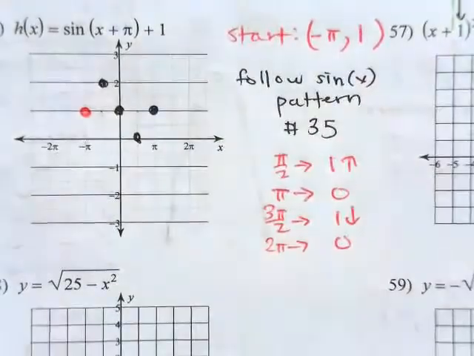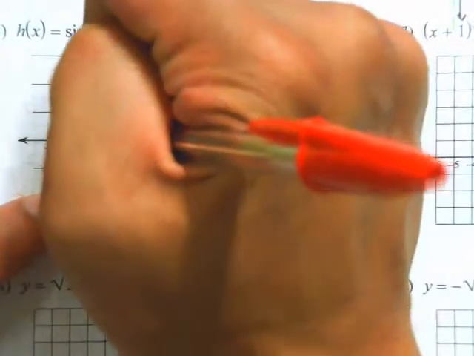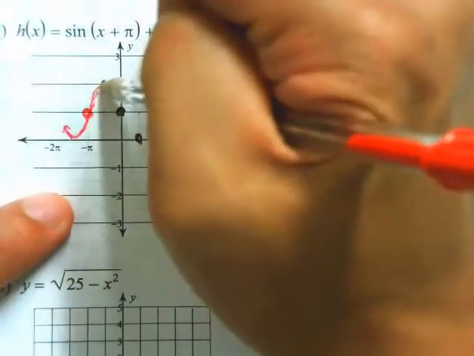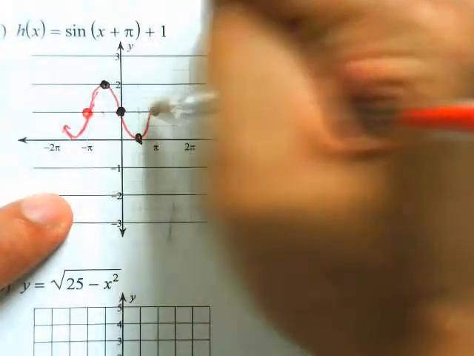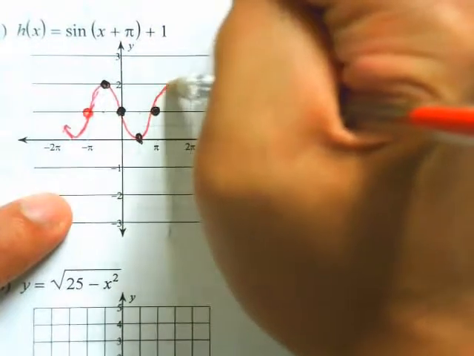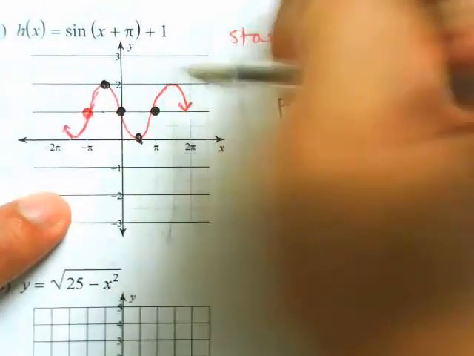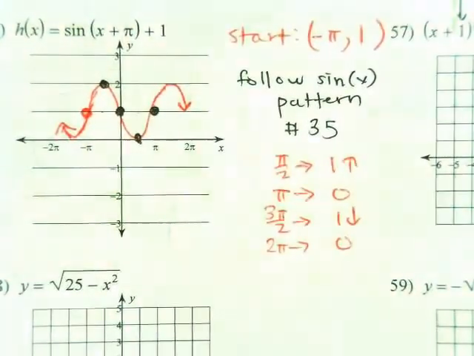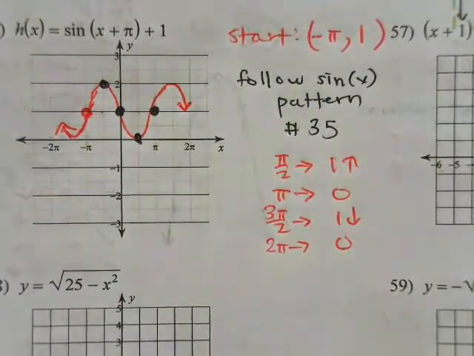So it should be oscillating, and then we can finish the graph like that. Just making sure that you have arrows like this. Okay, so that should be okay for now. All right. Other graphs that we have to mention are cosine.